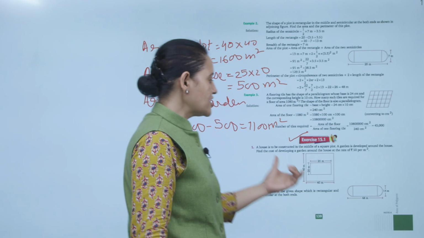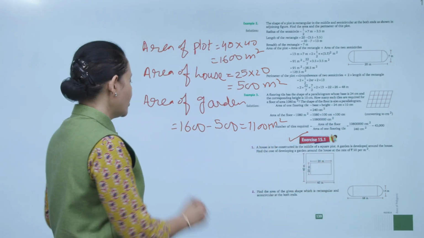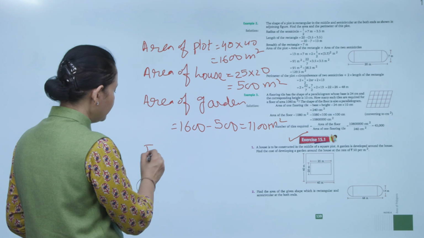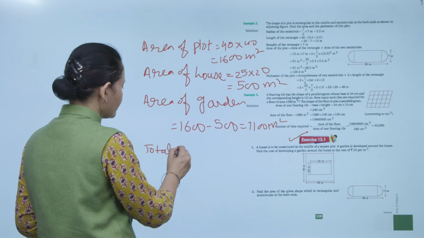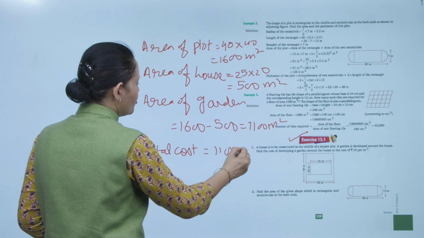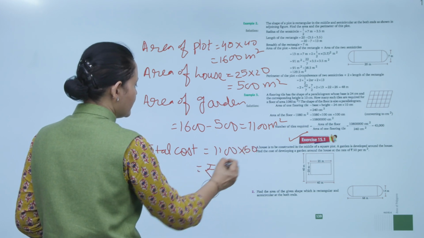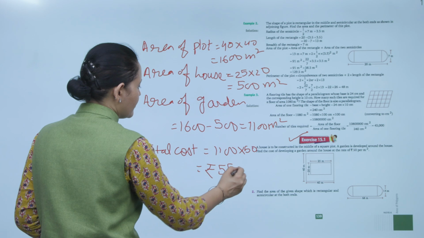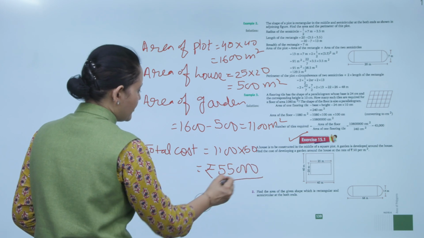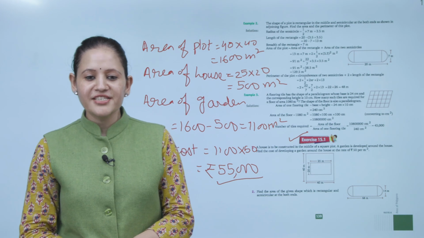Now the cost of developing the garden is 50 rupees per meter square. So total cost क्या हो जाएगी, 1100 into 50, that is equal to rupees 55,000. Clear? Practice all the questions of this exercise.